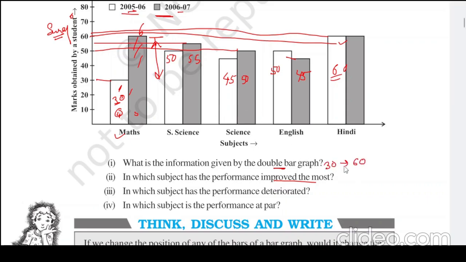I hope you guys will also make such a drastic improvement. In which subject has his performance deteriorated? Here he was getting 50 marks and now he is getting 45 marks. So in English his performance has deteriorated. In which subject is his performance at par? In Hindi you can see both are at the same level.